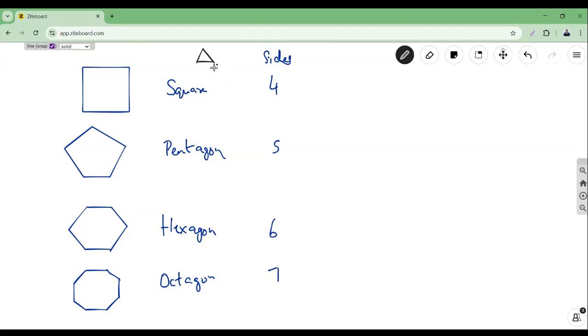So the minimum number is 3. However, I've started here with the 4-sided figure, and there's a reason for it. I will explain that in further videos. Let's say I've taken 4, 5, 6 sides and so on. And the beauty is any polygon can be cut into triangles.